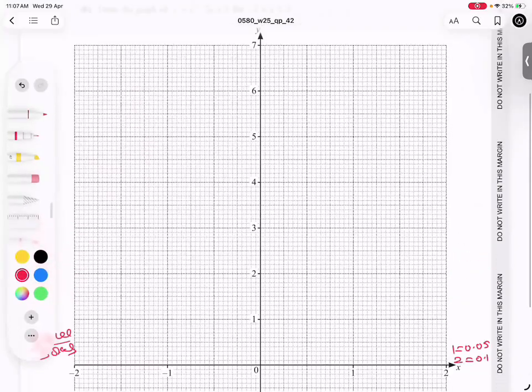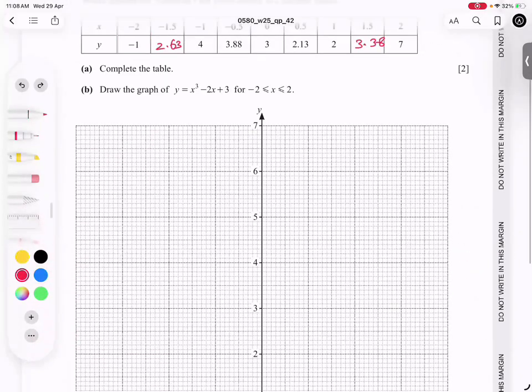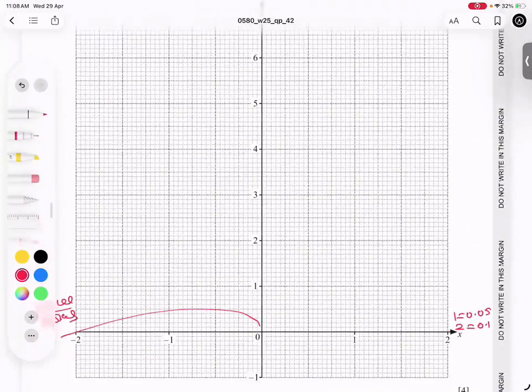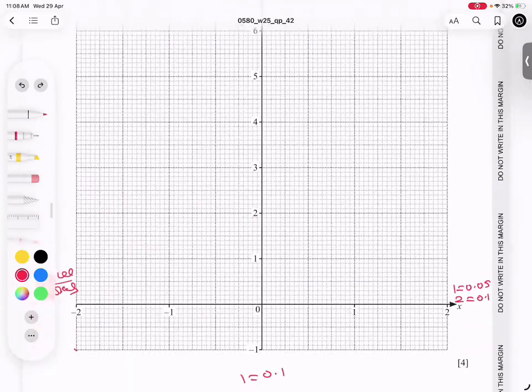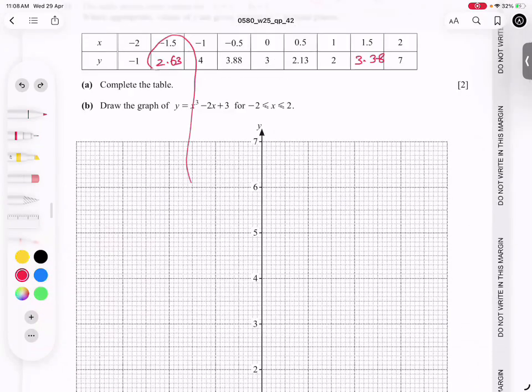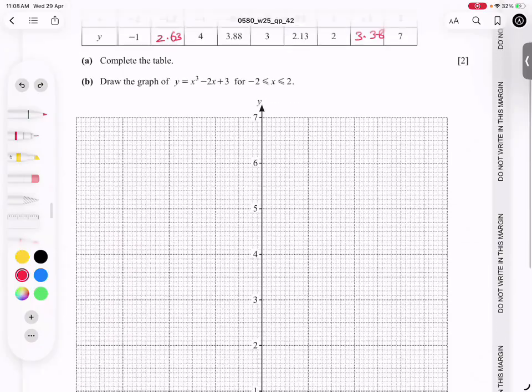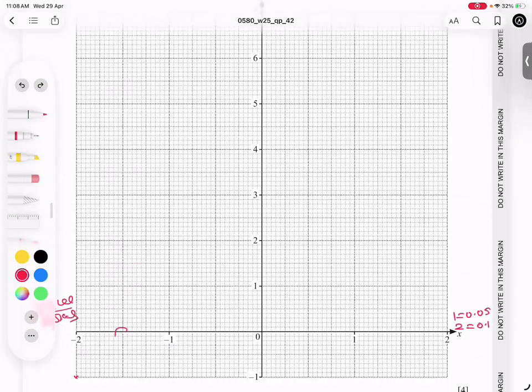So let's see now how we can do it. Let's start. First value, negative 2, negative 1. x is negative 2, which is here, and y is negative 1. Let me check. Yes. So this is the value I get at a corner. After this, the next numbers are negative 1.5 and 2.63. Negative 1.5 is here, and 2.63 where?